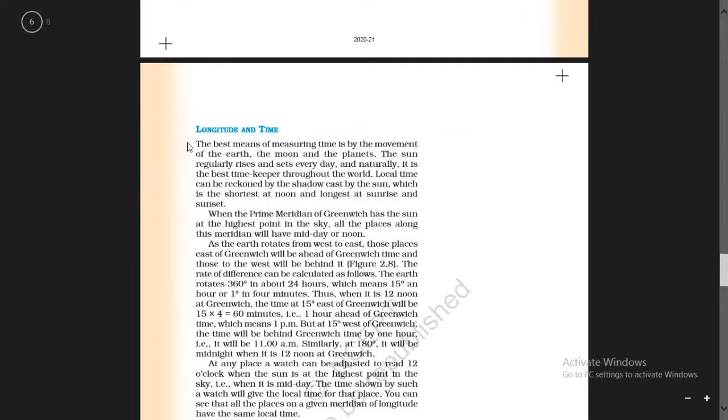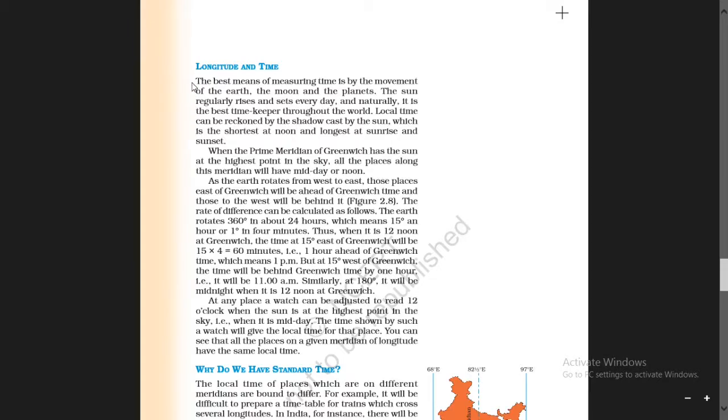Longitude and time. The best means of measuring time is by the movement of the earth, the moon, and the planets.